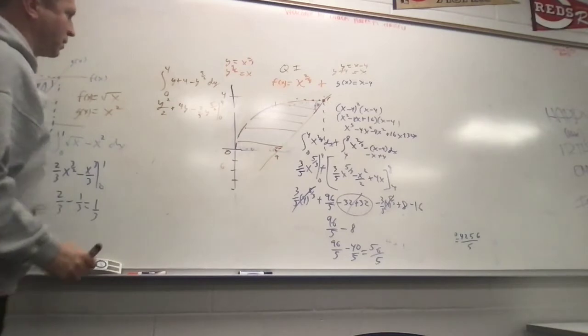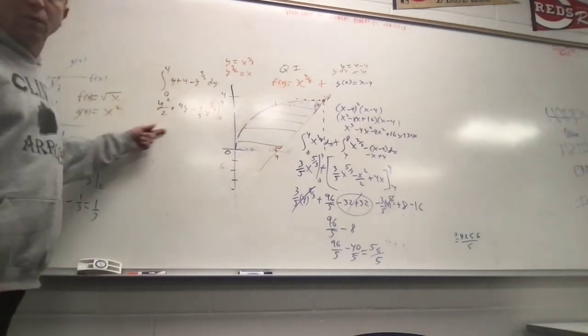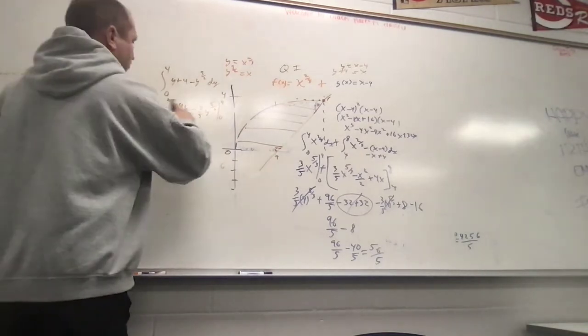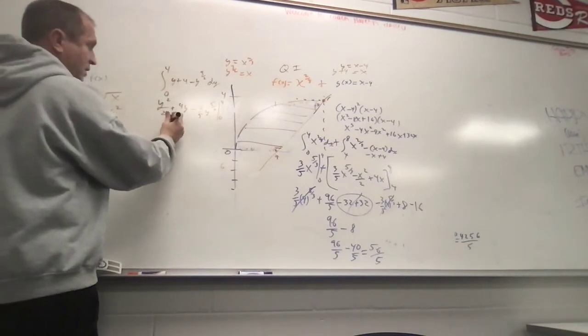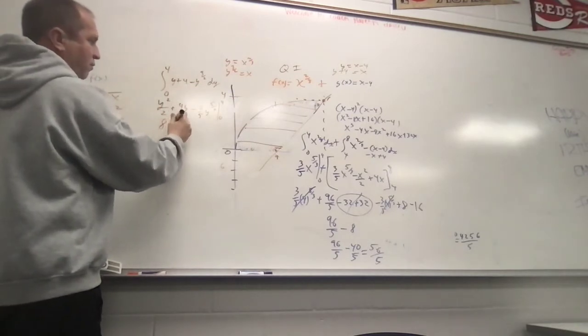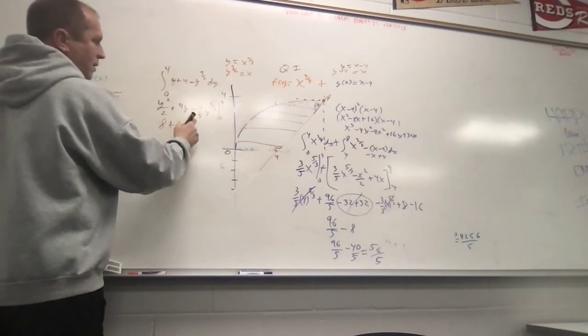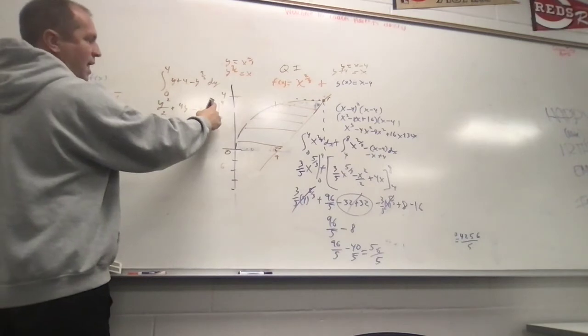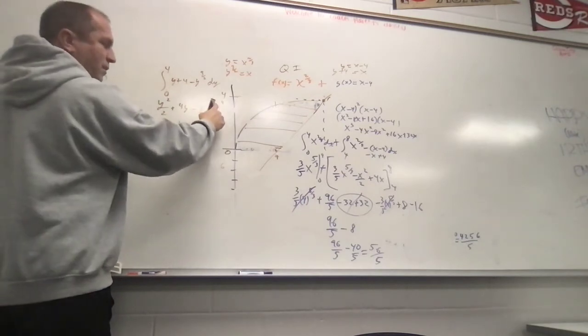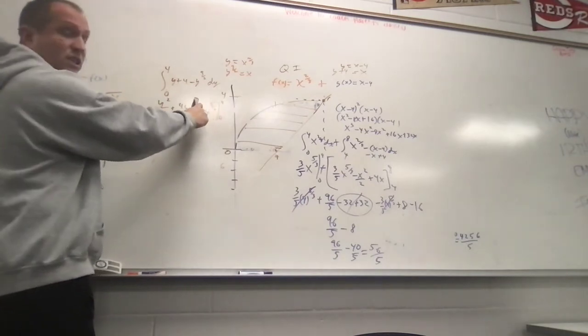Again, all we have to do is plug in 4, because if we plug in 0, we'll get 0. So 4 squared is 16, and 16 over 2 is 8. 4 times 4 is 16. And then the square root of 4 is 2, and 2 to the 5th is 32, and 32 times 2 is 64.